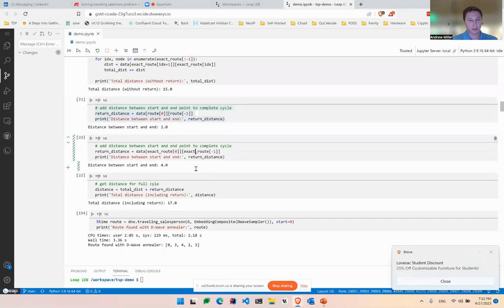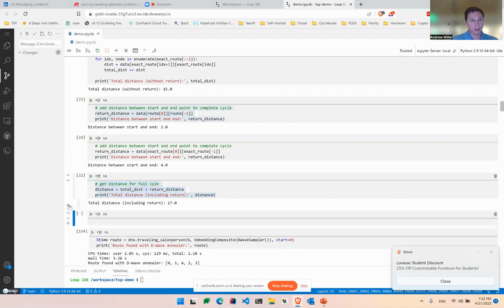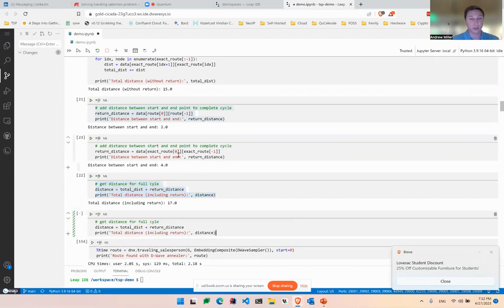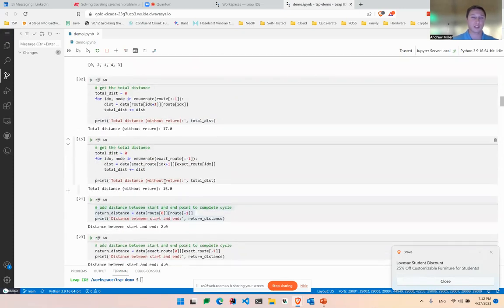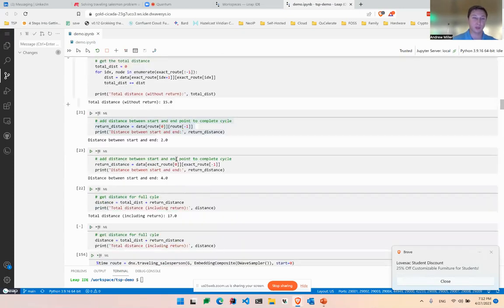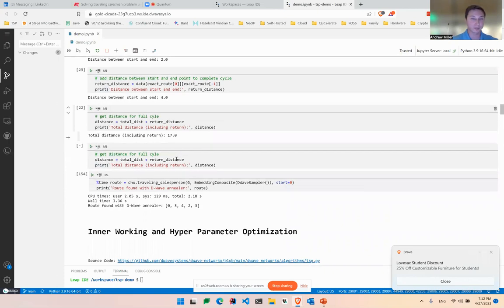Okay, not sure why this would be different with exact. But anyway, I think I didn't mean to actually show any of this stuff, like any of the distances, but it's useful to just even see the total distance difference between exact and simulated.